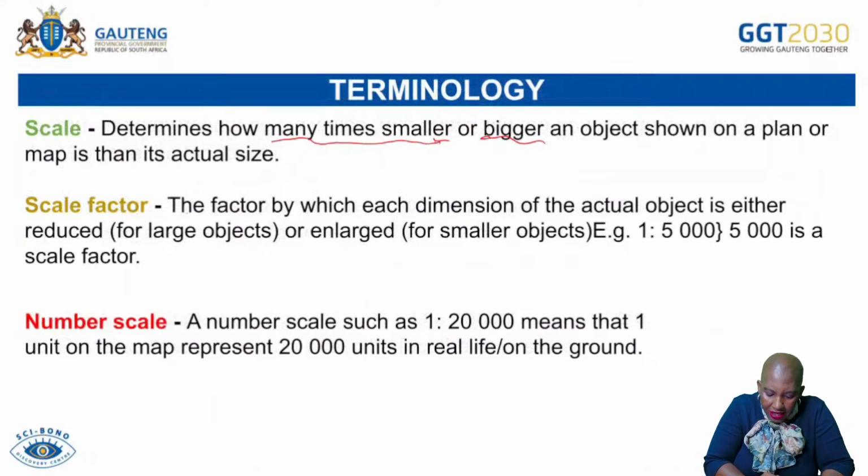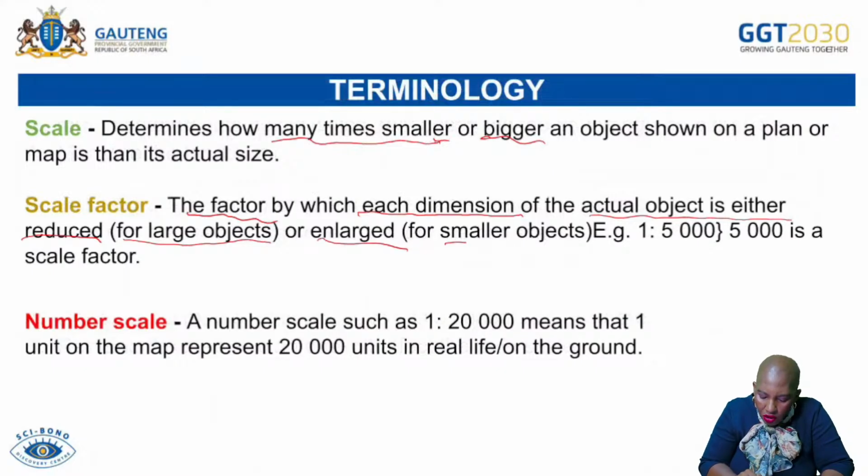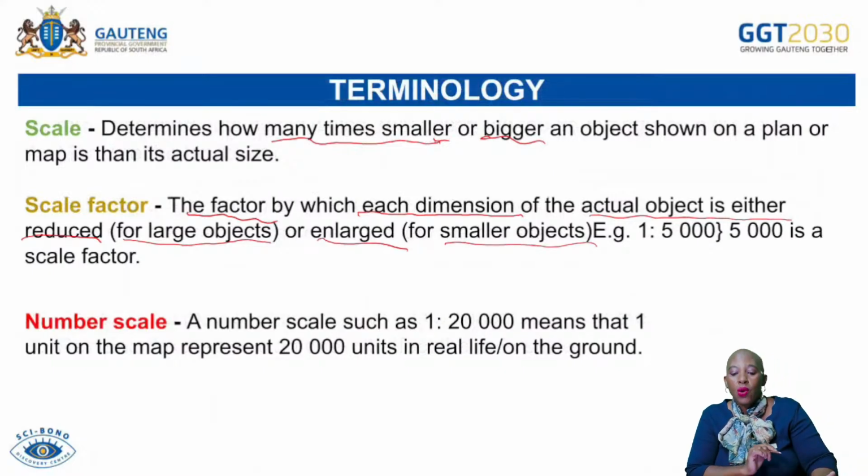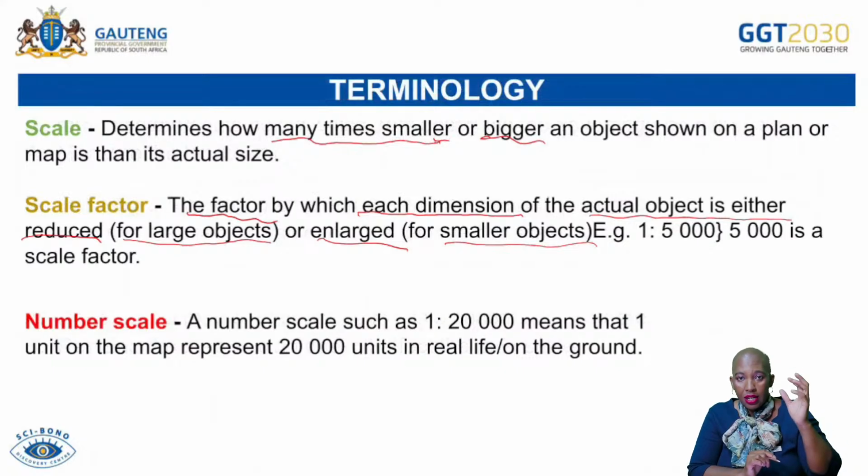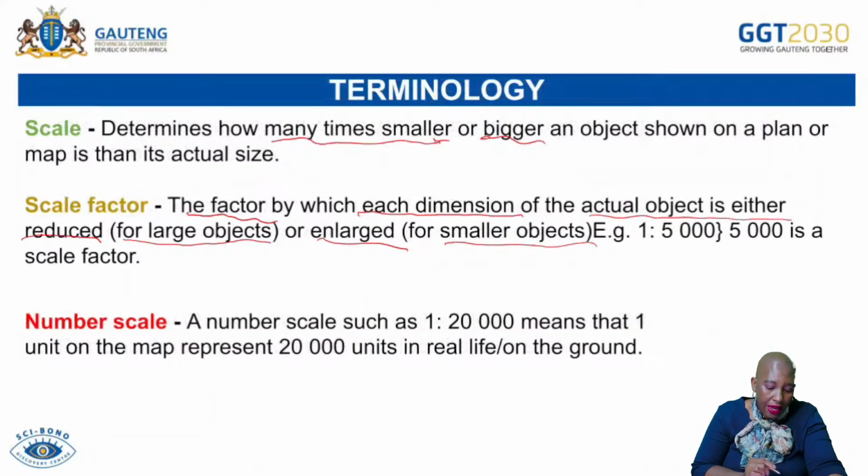A scale factor is the factor by which each dimension of the actual object is either reduced for larger objects or enlarged for smaller objects. So a scale factor is a factor that says you need to reduce this to this.